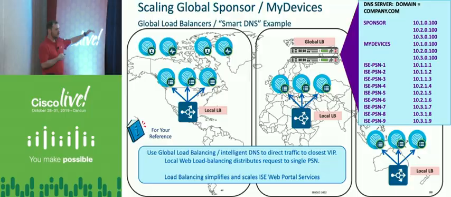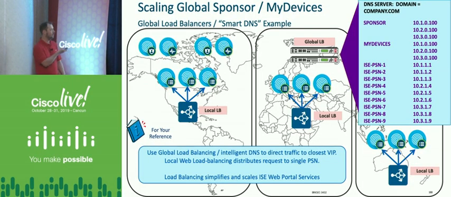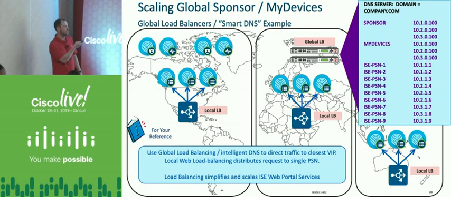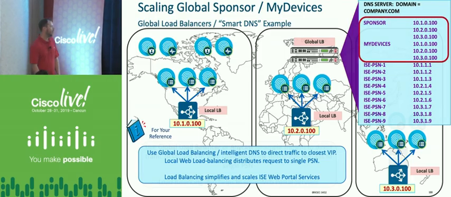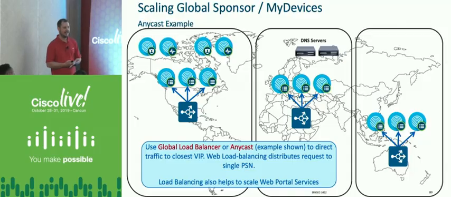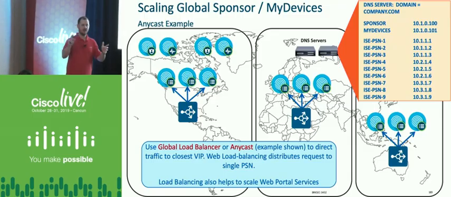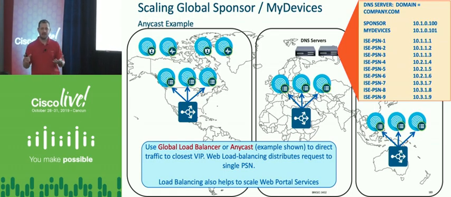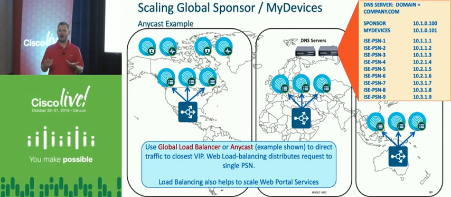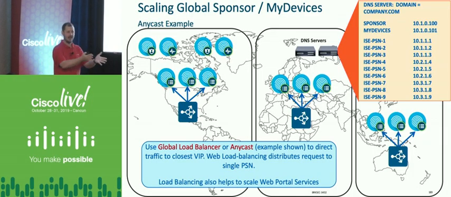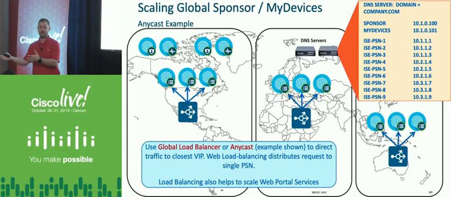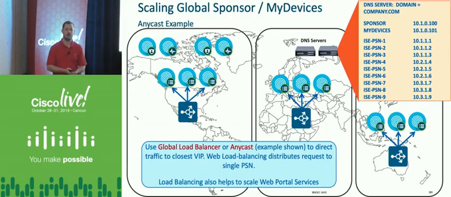Now, if we use a global load balancer or intelligent DNS, we can scale it out by basically listing all 3 of our PSNs under sponsor, all 3 of our PSNs under my devices, and allow that to actually do the load balance. Or we can go to a scenario where we have Anycast. Anycast, if you're not familiar with it, allows us to take a single IP address, advertise it on multiple networks, and then allow routing and routing protocols to actually direct us to the fastest link or local system or resource.